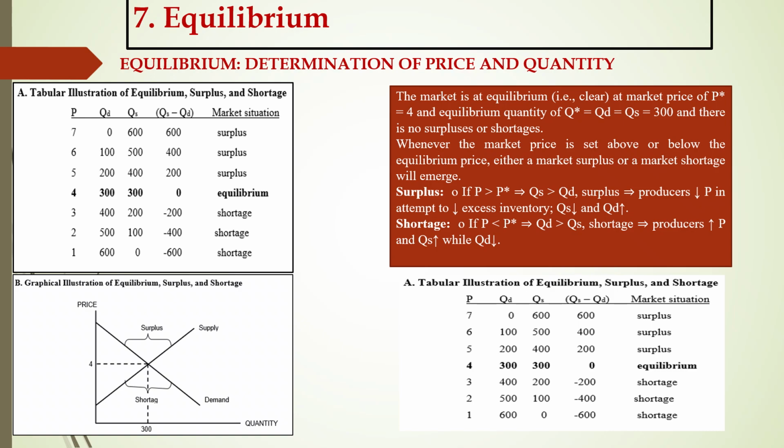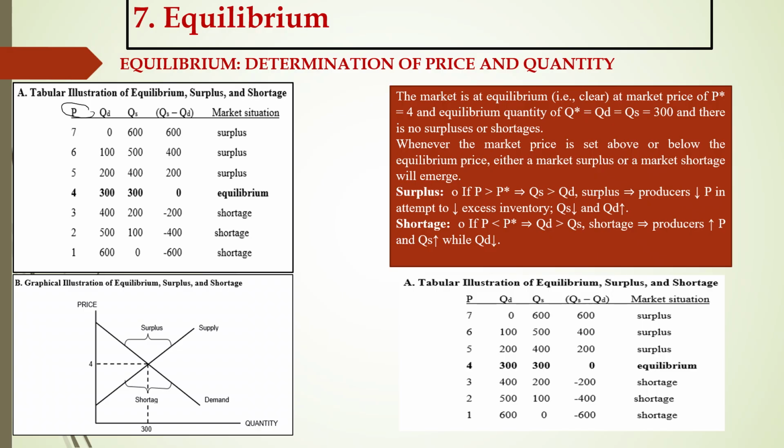The first column is price, where P stands for price: 7, 6, 5, 4, 3, 2, 1. QD means quantity demanded, and QS is the quantity supplied. Then we will find out whether there is a surplus, a shortage, or an equilibrium.